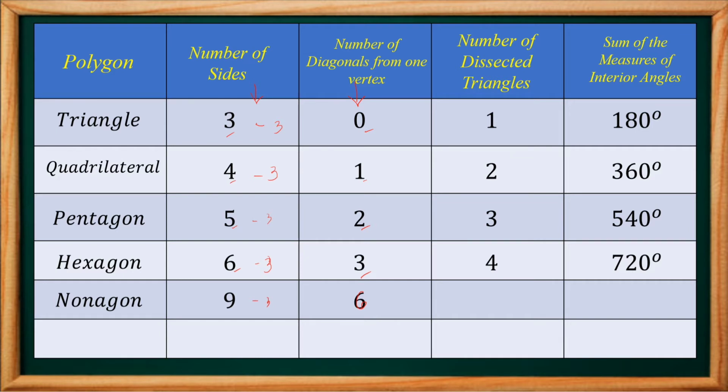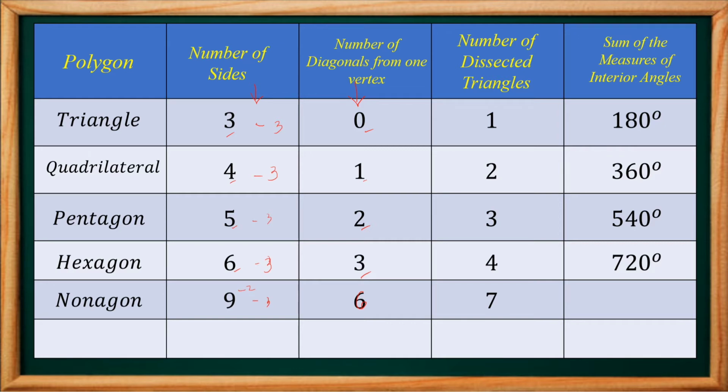As you observe, we have 3 sides, 1 dissected triangle. 4 sides, 2 dissected triangles. 5 sides, 3 dissected triangles, and 6 sides, 4 dissected triangles. Simply, the number of sides minus 2. Therefore, 9 minus 2, the answer is 7.